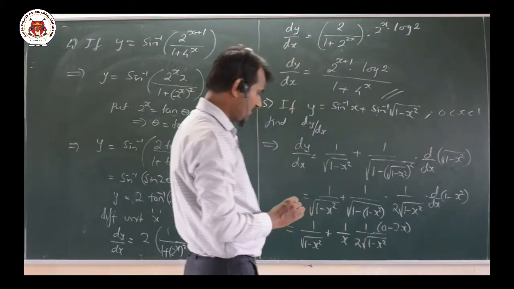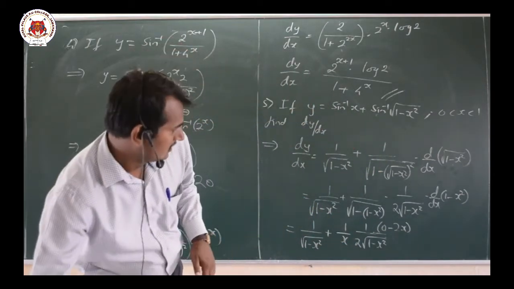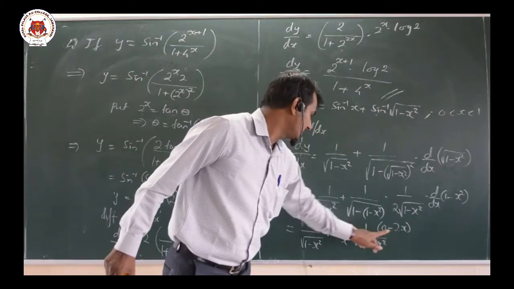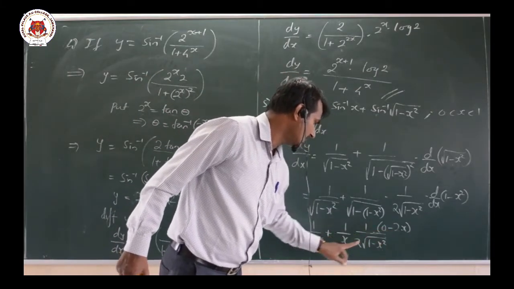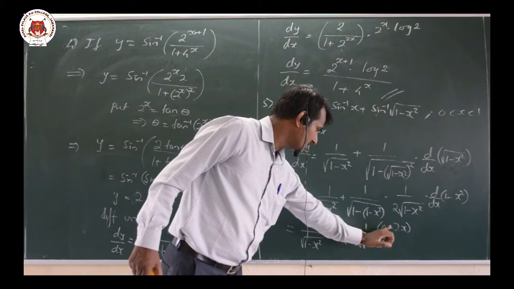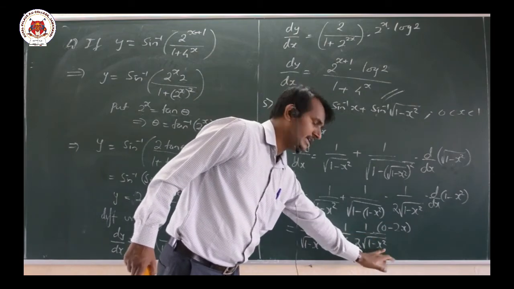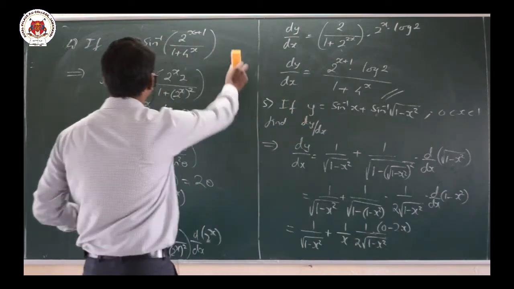Now the problem we are near to. Here 2 gets eliminated, x also gets eliminated. The remaining part is minus 1 divided by root of 1 minus x square. I will rewrite once again.